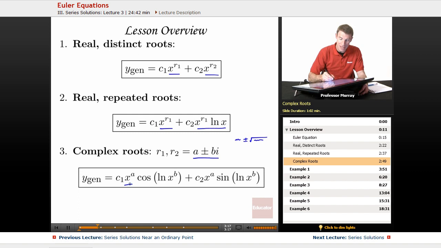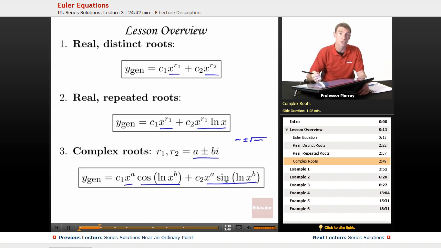It's x to the a times cosine of b natural log of x, and x to the a times sine of b natural log of x. So those are your two fundamental solutions, and you just multiply each one by an arbitrary constant, and you get the general solution.